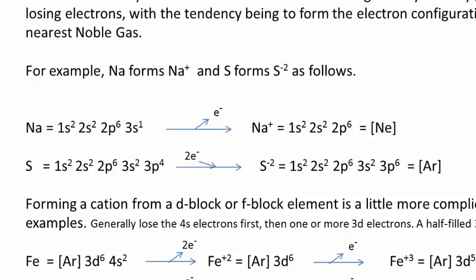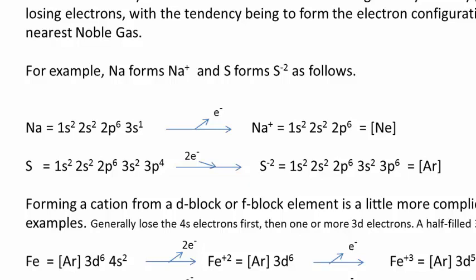Now, since there are 8 electrons in row 2 and also in row 3, we often describe this in terms of the octet rule of trying to form an electron configuration with 8 electrons in the outer shell, although sometimes it's 18. Sulfur forms an anion by gaining 2 electrons from somebody else.